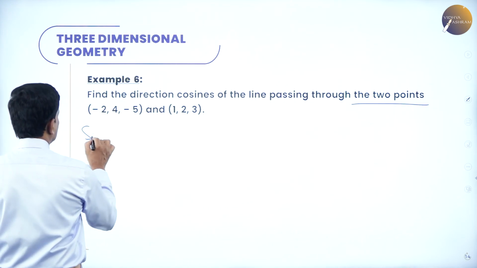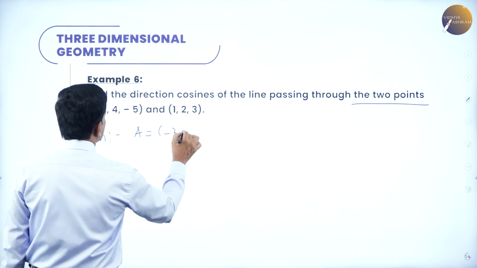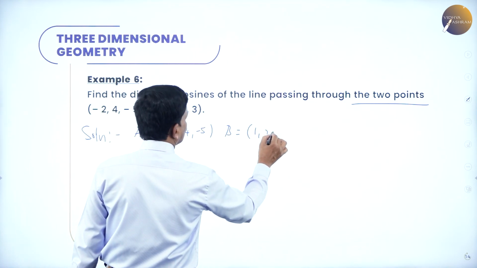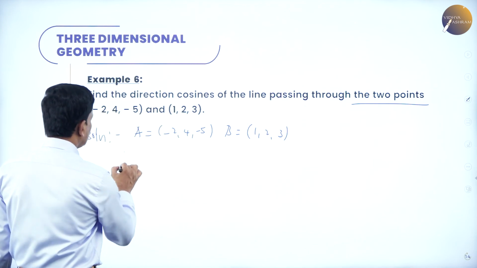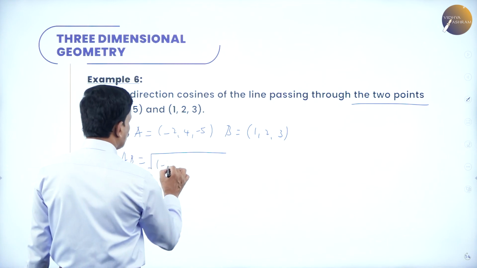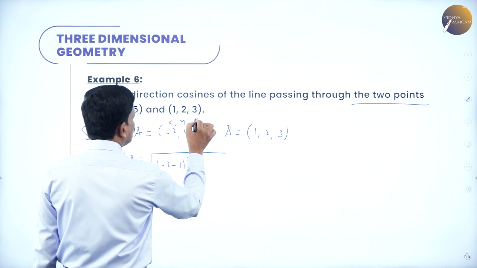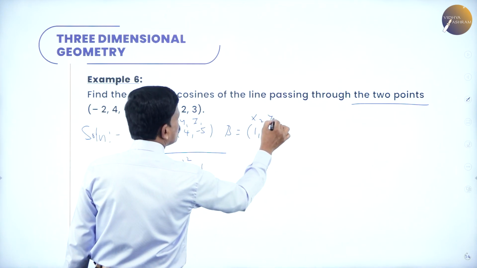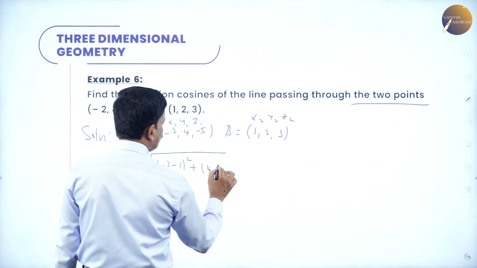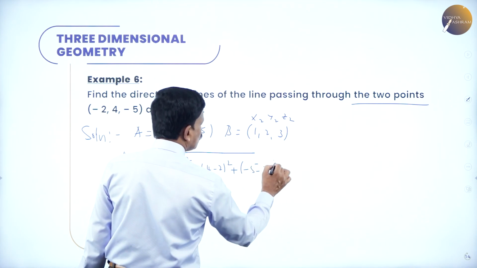Now let us consider this as A. A is equal to -2, 4, -5 and B is equal to 1, 2, 3. Now find out the distance between these two first. AB is equal to root of (-2 - 1) whole square plus, this is x1, y1, z1, this is x2, y2, z2, x1 minus x2 whole square plus y1 minus y2 whole square plus z1 minus z2 whole square.